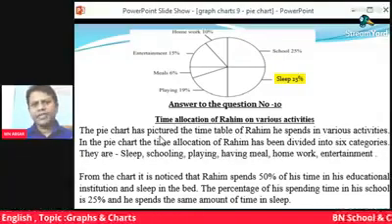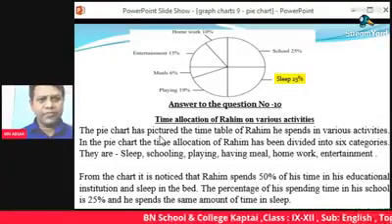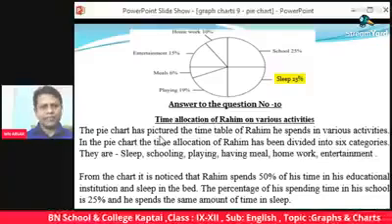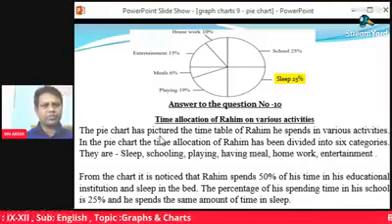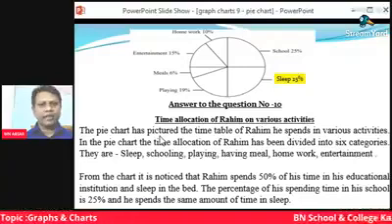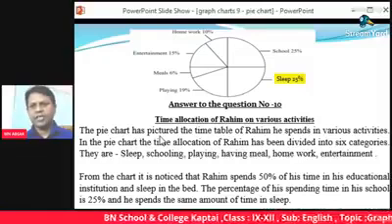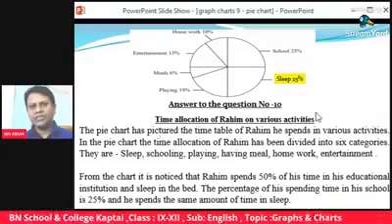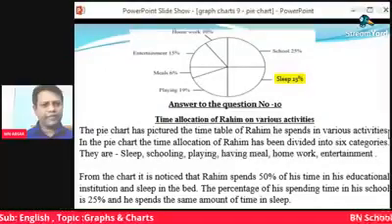The pie chart has described the timetable of Rahim. As it is the timetable of Rahim, that's why I have written the pie chart has pictured the timetable of Rahim. He spends in various activities. This is the first sentence. So what have I written here?